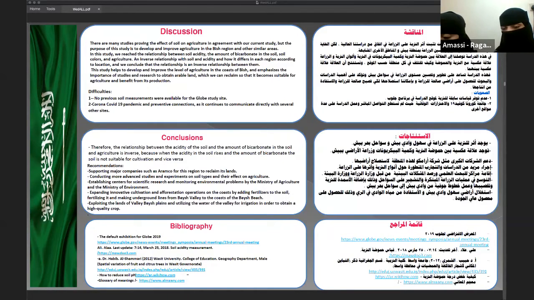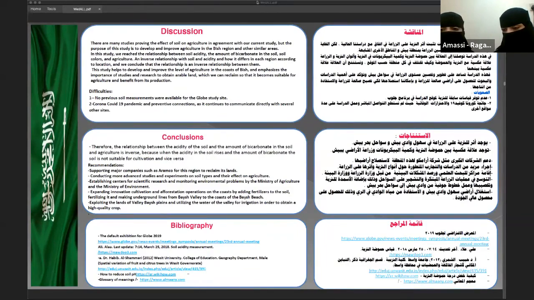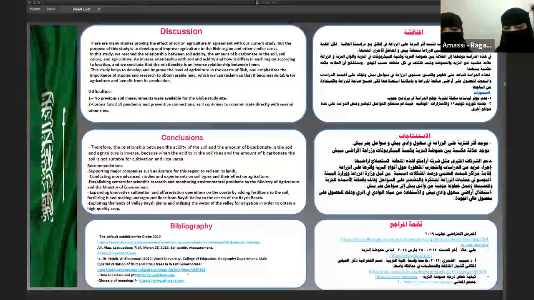This study helps to develop agriculture in the coasts of Besh and confirms reduce acidity in the soil to get good soil for agriculture. Finish.